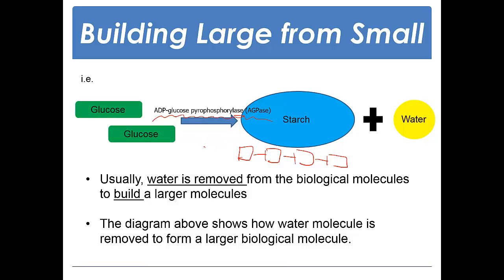The example here is actually the reaction happening in the plant. If you recall what you have learned in photosynthesis, plants produce glucose from photosynthesis. And of course the plants have to survive, let's say through the winter, or when there's not much light at all, so they must store some more energy.